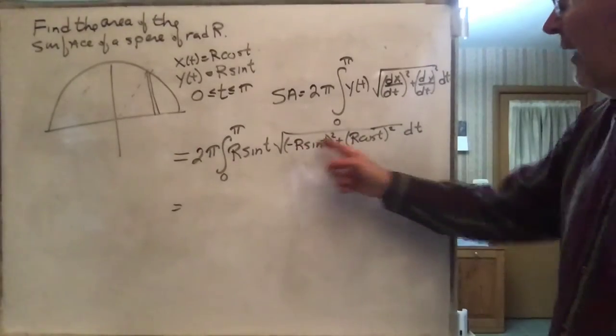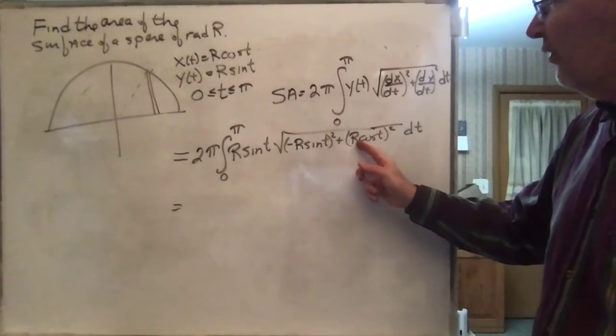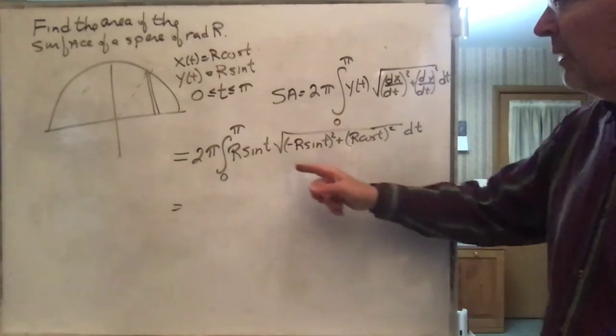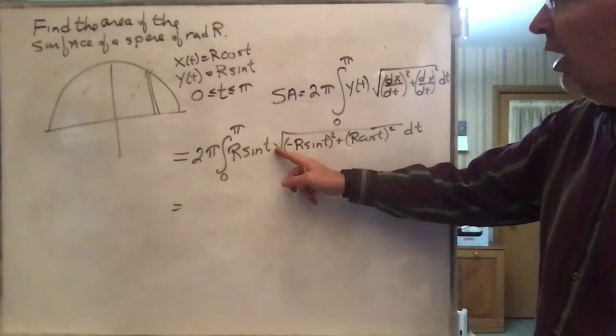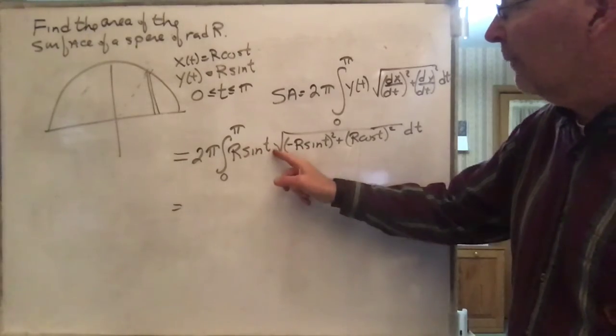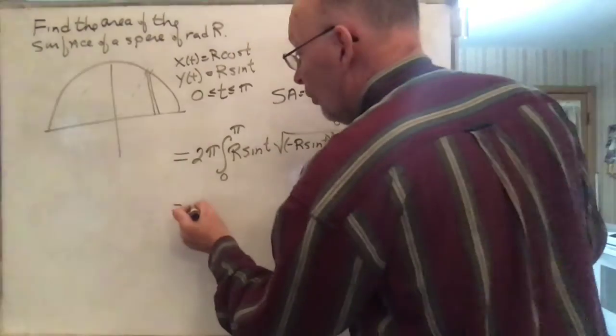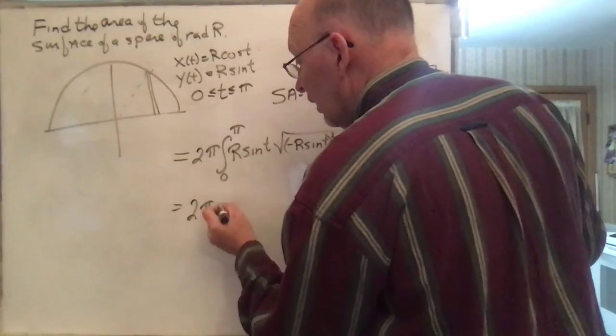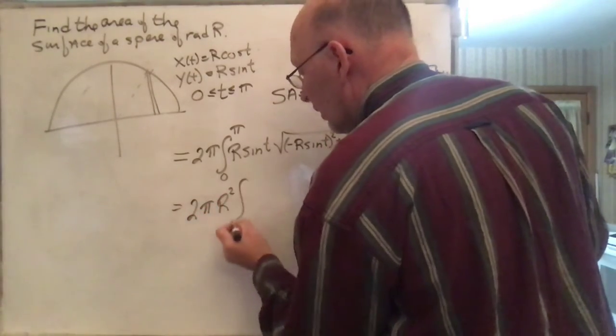So notice I have r squareds in here. The r squareds can come factoring out, and they're going to be an r. Here I have another r, so r times r is r squared. So let's pull all those out. It's going to be 2 pi r squared.